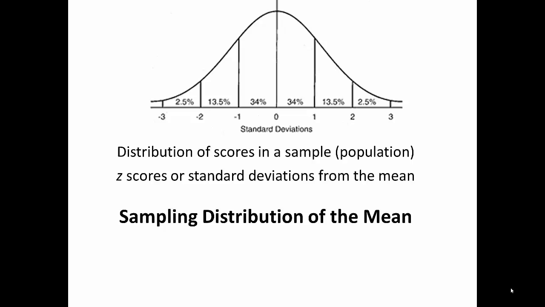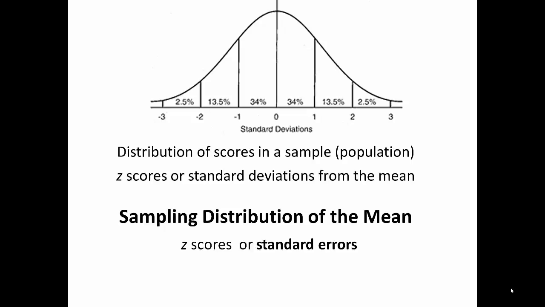Instead of scores, the distribution is all the possible means of the samples from that population. We have to change all of those means to z-scores, but they no longer represent standard deviations. They're going to represent standard errors, but you'll find that they work the same way as the standard deviations.